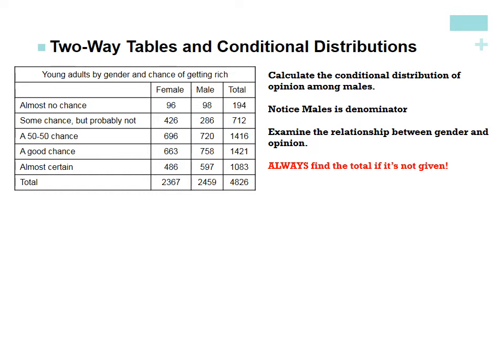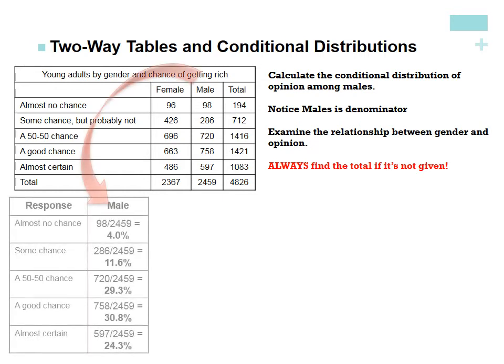So that tells us that the male in this case is the denominator. All right. And then what we're going to do is we're going to examine the relationship between gender and opinion. So that means we're going to not only find the conditional distribution of male, but the conditional distribution of female. This total column will often not be given. Please make sure that you find it the first thing if it is not given to you.